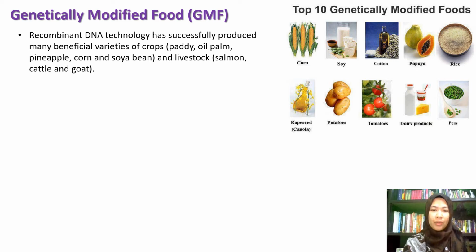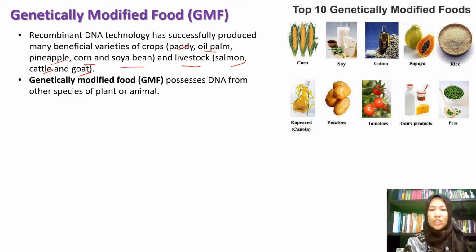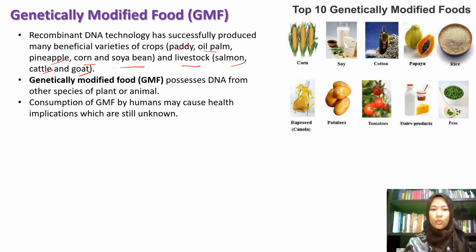Examples are paddy, oil palm, pineapple, corn, soya bean, and livestock such as salmon, cattle, and goat. GMF will possess DNA from other species of plant or animal. Binatang ataupun buah-buahan, sayur-sayuran yang terima jin atau DNA daripada organisma lain, dia akan tunjukkan DNA yang baru. Kita tengok nanti contoh-contoh.